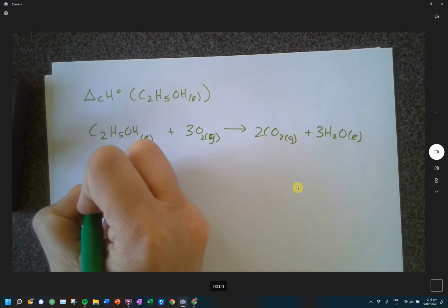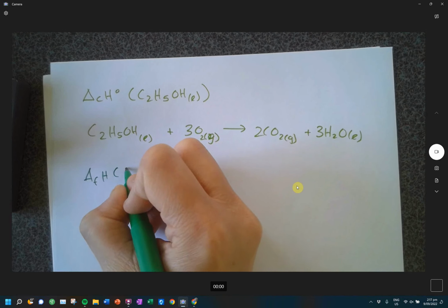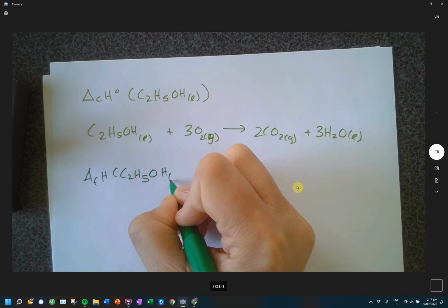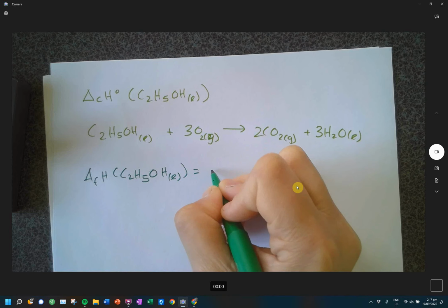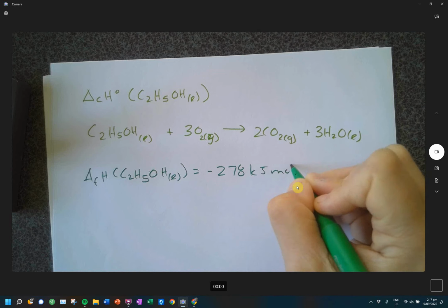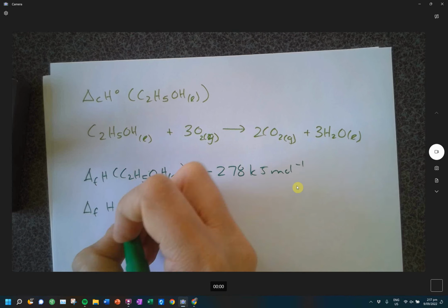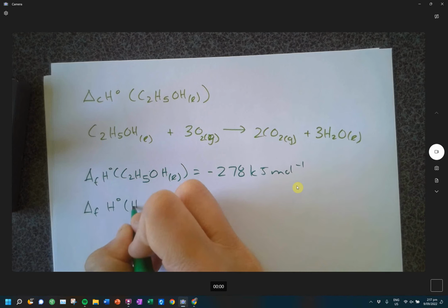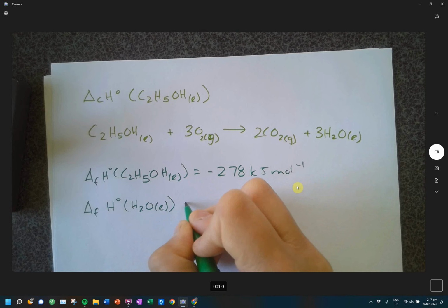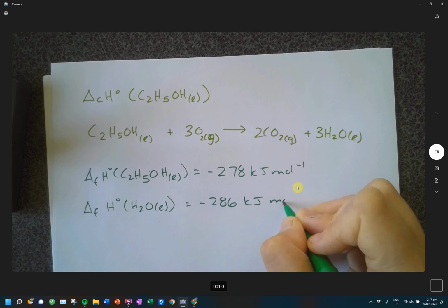So they say that the delta FH of ethanol in the liquid form equals negative 278 kilojoules per mole. They say the delta F for water, and this is in the liquid form, is negative 286 kilojoules per mole.